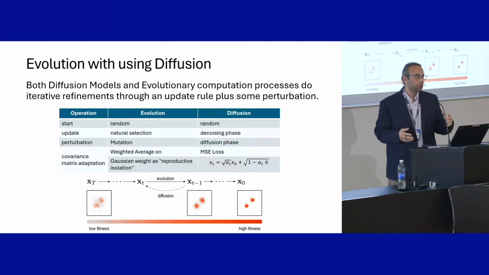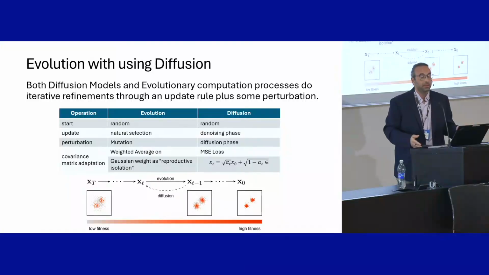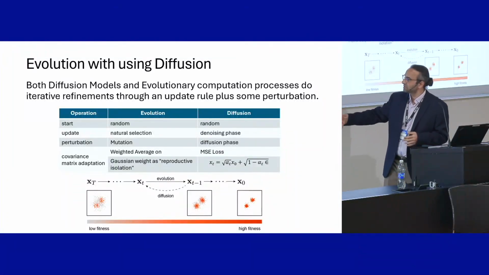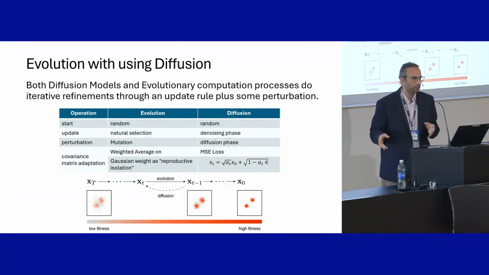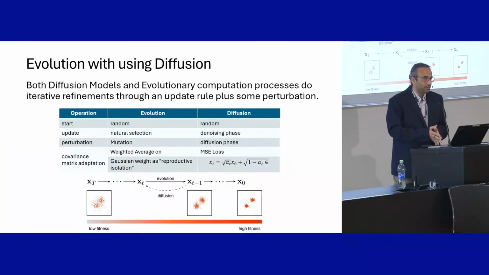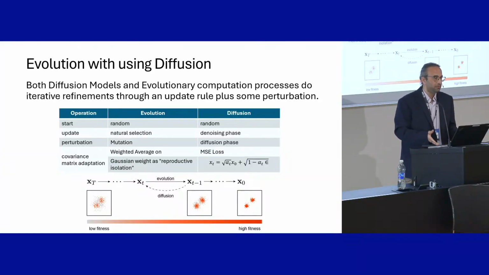And if you want to go even fancier, because there are way more algorithms in evolutionary algorithms, we can use weighted averages or Gaussian weights, and all of them have an equivalent in diffusion. So basically, we can just use diffusion in the same way that we're using evolution, just replacing images with parameters.